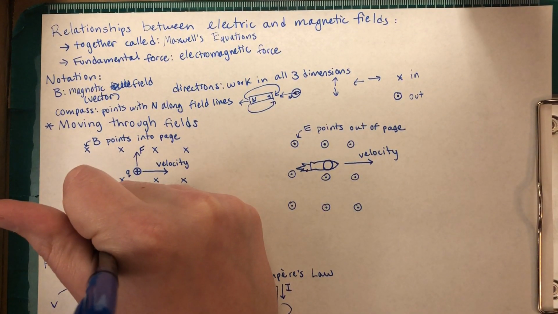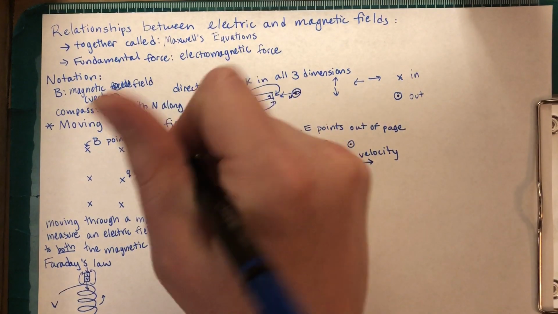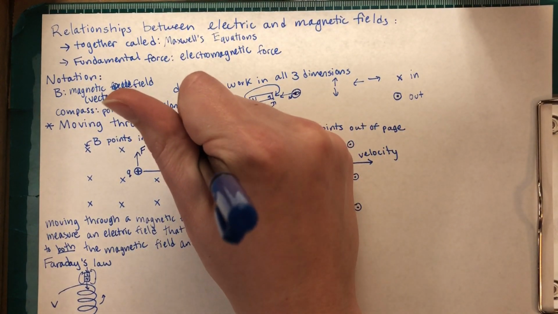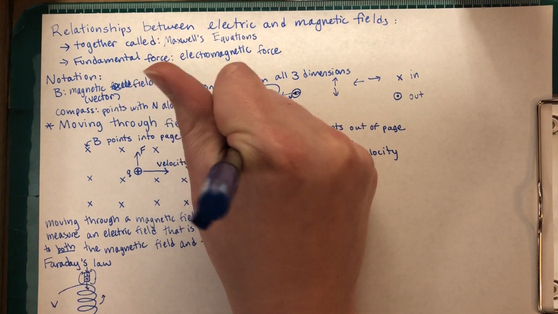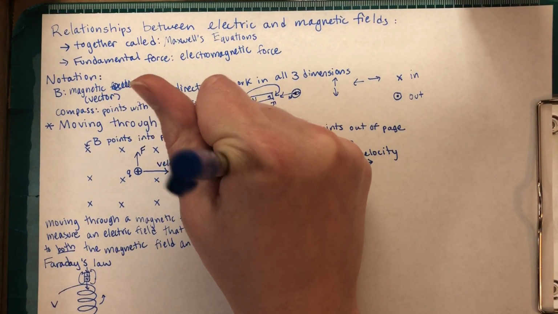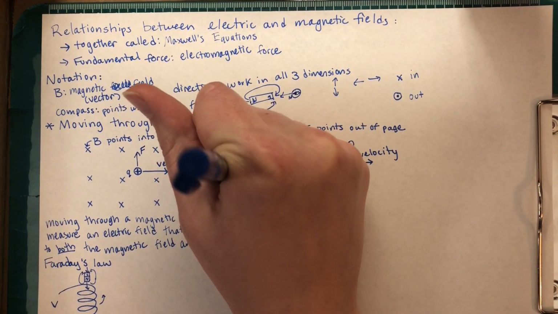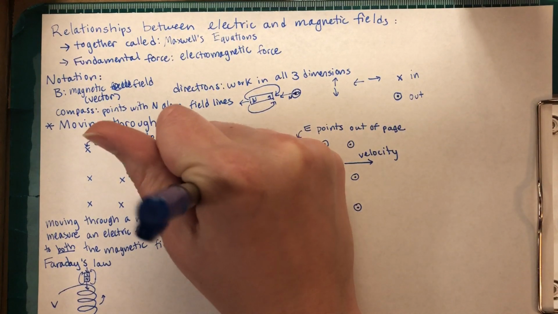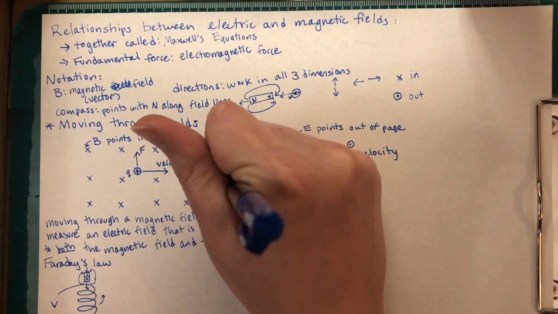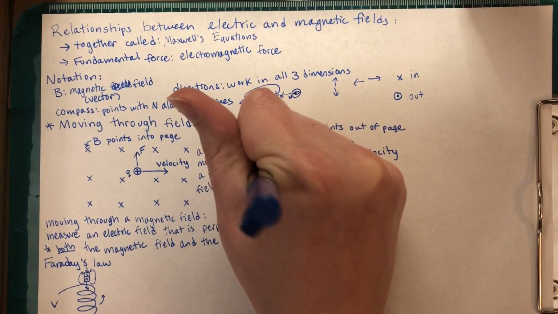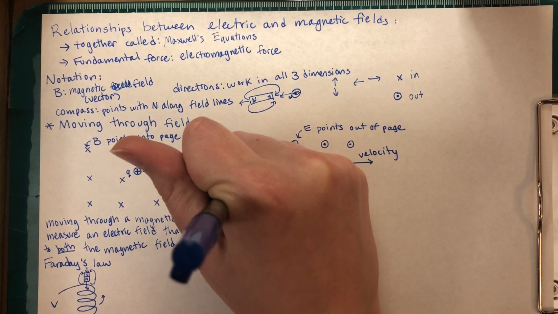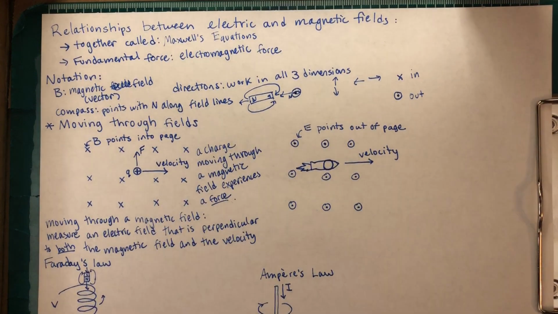And an electric field means that this charge experiences a force. So, moving through a magnetic field, we get an electric field or a force on the charge. Those are almost the same thing.